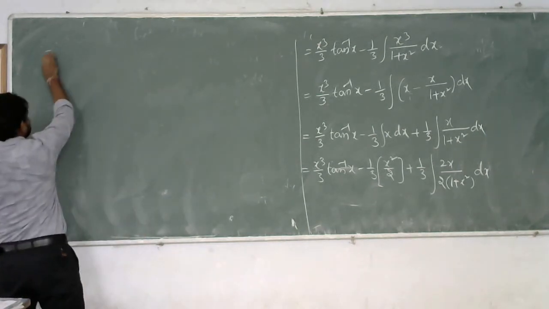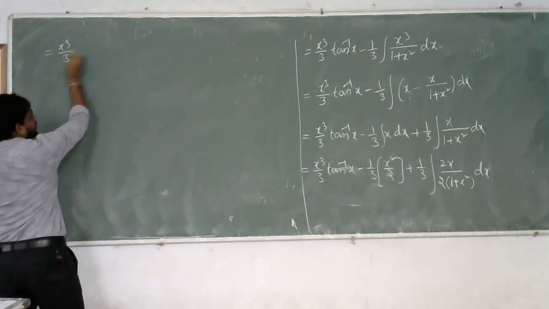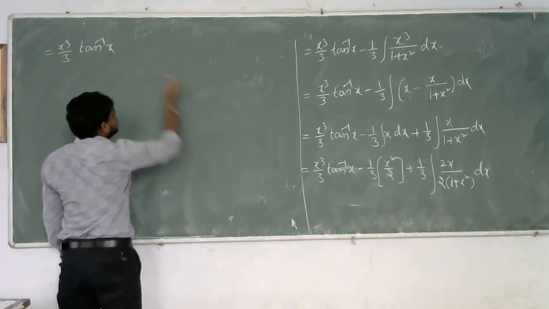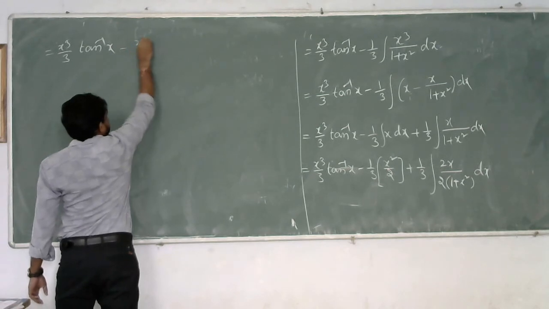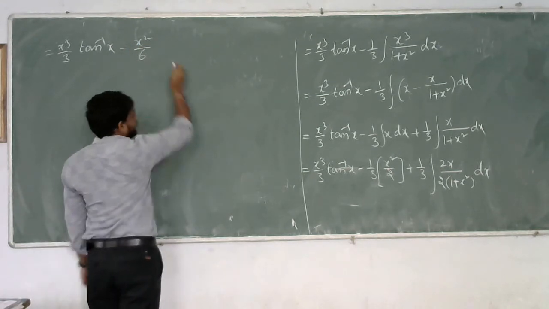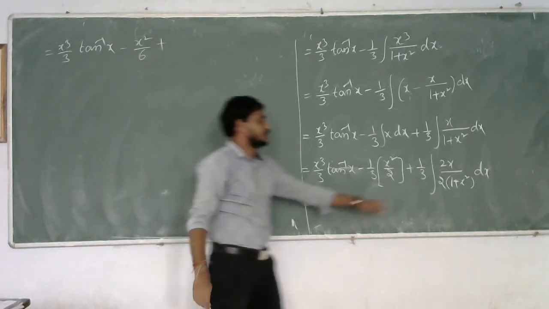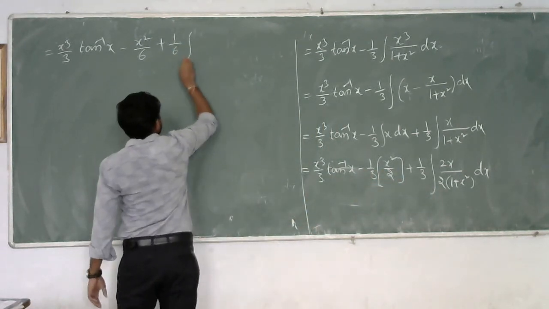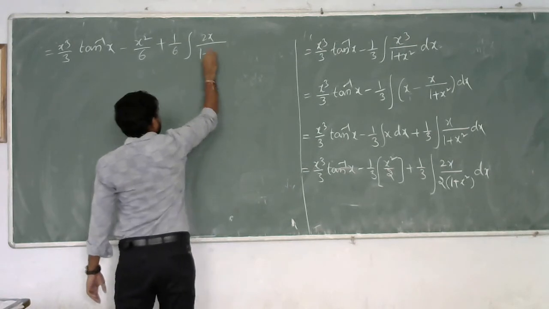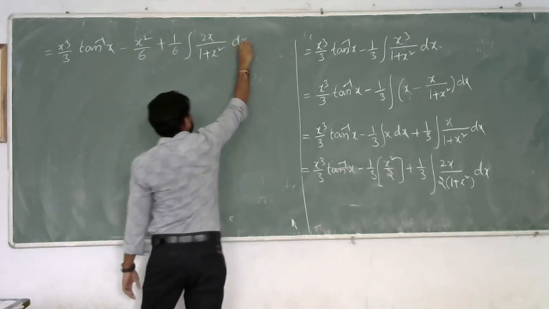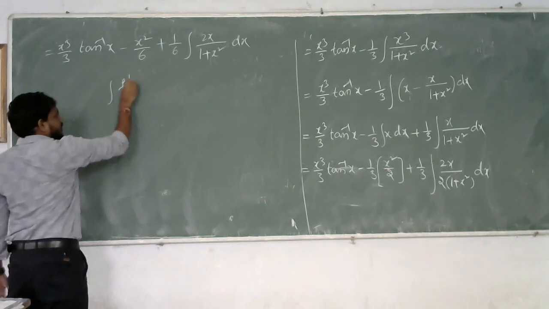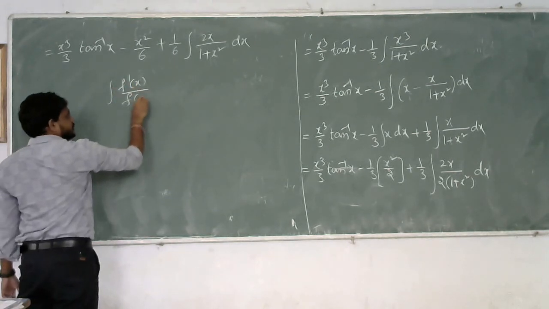First term is x cube by 3 into tan inverse of x. 3 into 2 is 6. So minus x square by 6 plus 1 by 3. Write this 2 outside, so you will get 1 by 6 into integral 2x by 1 plus x square into dx. That is the formula integral f dash of x by f of x into dx.